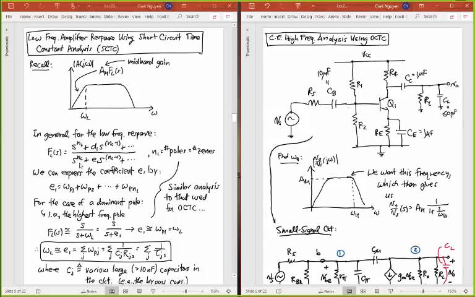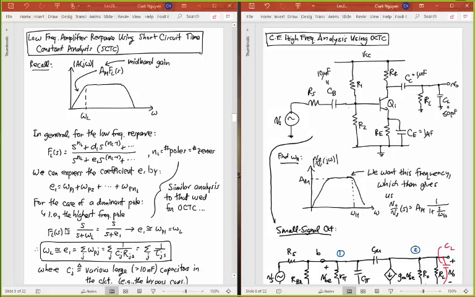That dominant pole is going to be a frequency here. In this equation, this E_1 is going to be omega_P1 plus omega_P2 plus so on and so forth, omega_P(n_L). I add all of these together to make E_1, and this E_1 effectively is going to be the location of that pole, which is omega_L.